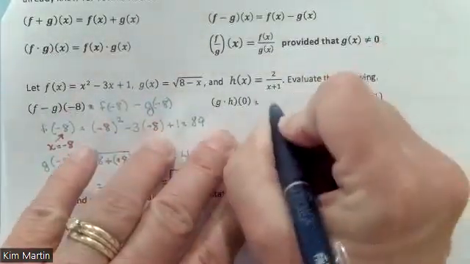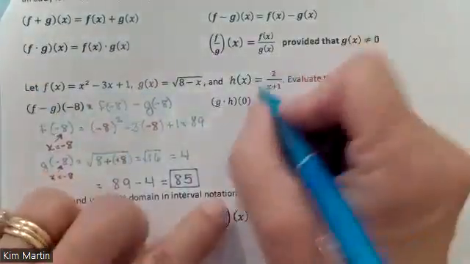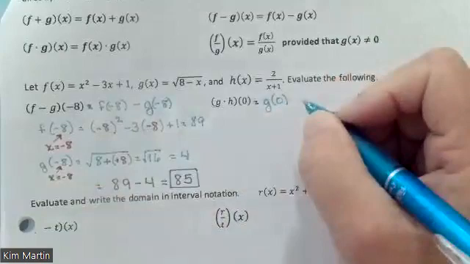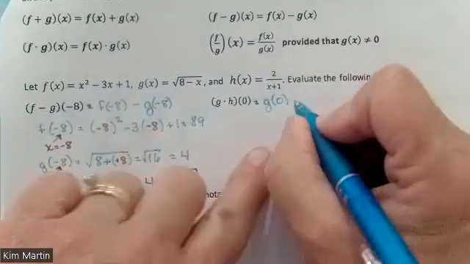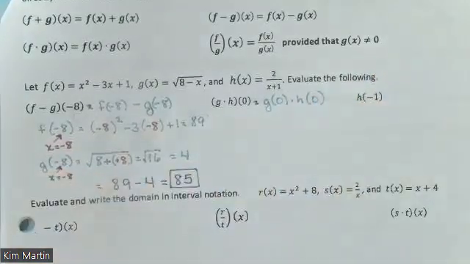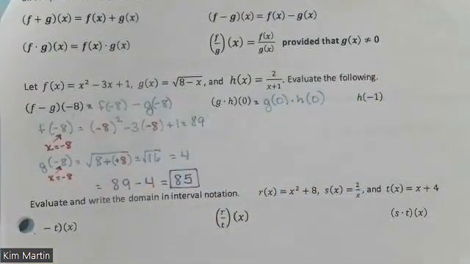Right here, you're going to say g of 0, get that answer, and then multiply, or find h of 0, get that answer, and then multiply the two together.